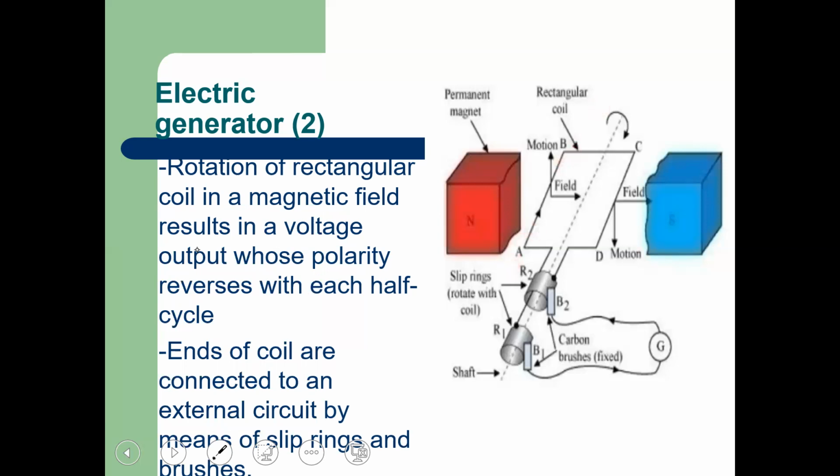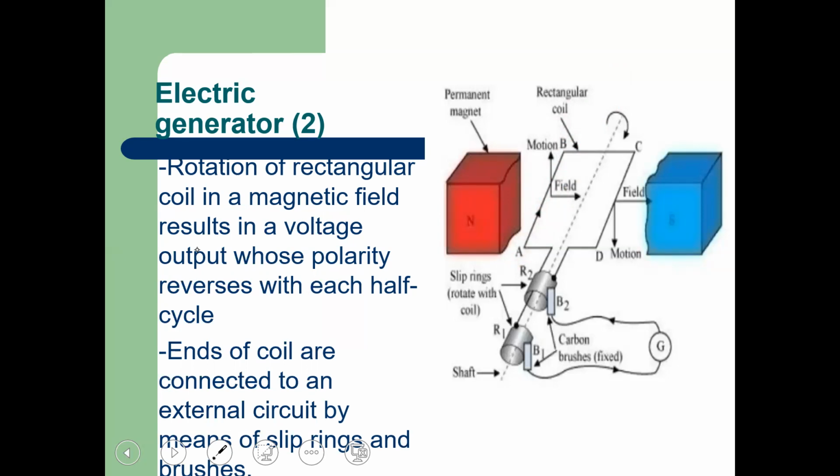current, okay, this is the electric generator now. When you move this coil, this AB, upwards towards direction B, you will have a current flowing away from us into the screen.